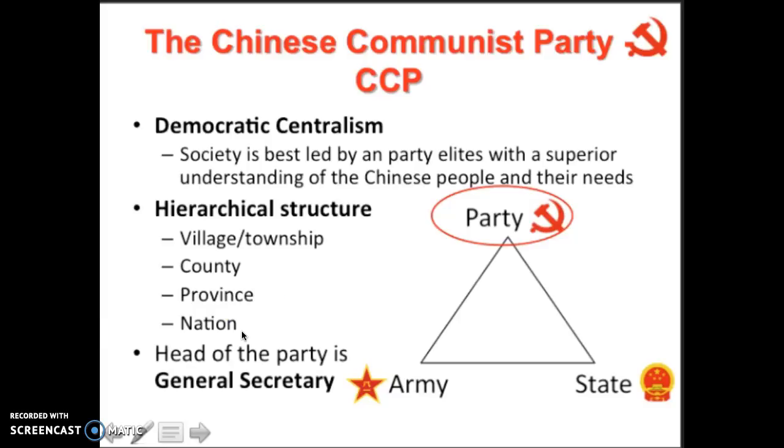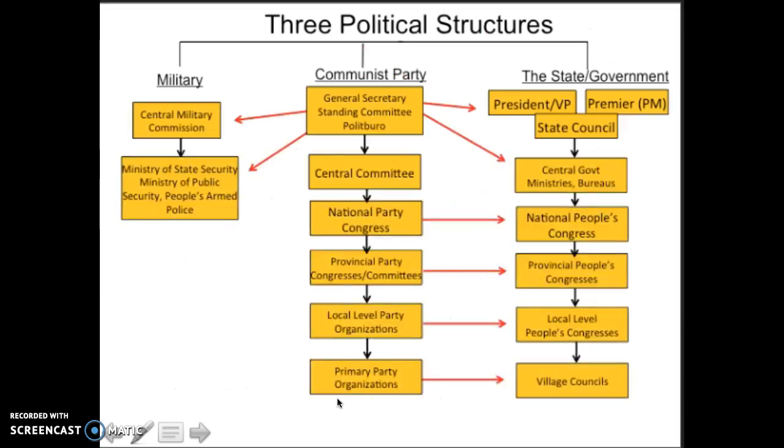The head of the party is the general secretary, and the general secretary serves concurrently as the president of China, the chairman of the Central Military Commission, and the president of the National People's Congress. So Xi Jinping is the president of all three of these political structures. We're going to talk more about that when we talk about the executive in China.